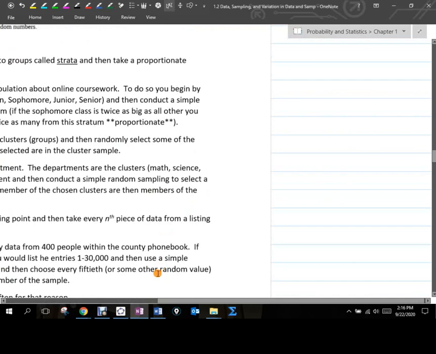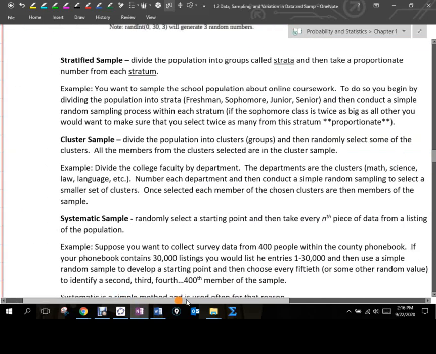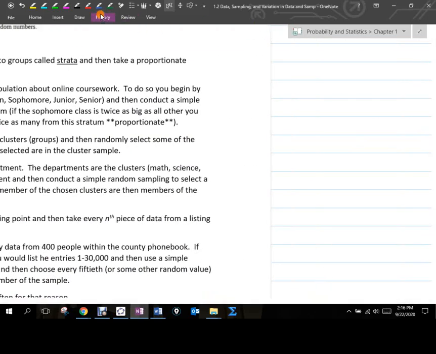Cluster sampling, let me maybe draw a picture here, the difference between cluster and stratified. So if we've got a population, let's see here.